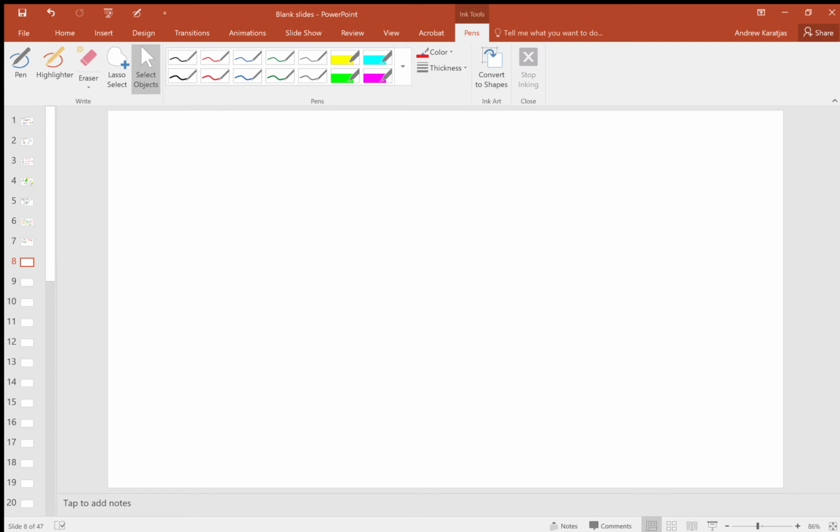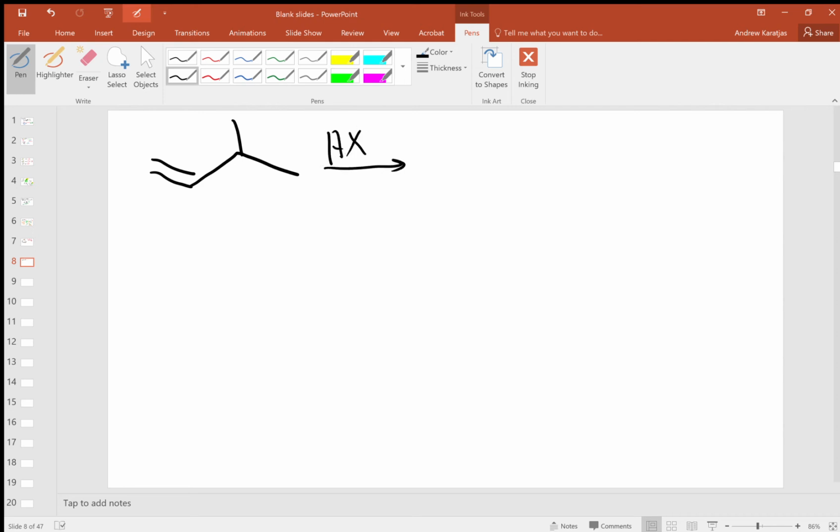So back in the early 1900s, a chemist by the name of Frank Whitmore was working on the HX addition to this alkene. And if this follows the same pattern that we've been looking at, then we know that the halogen will end up on the more substituted carbon.